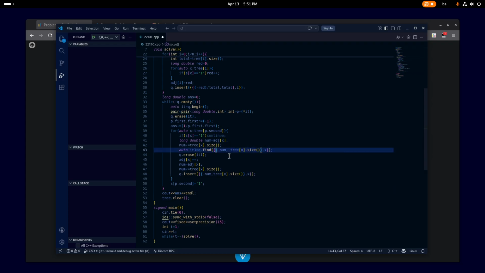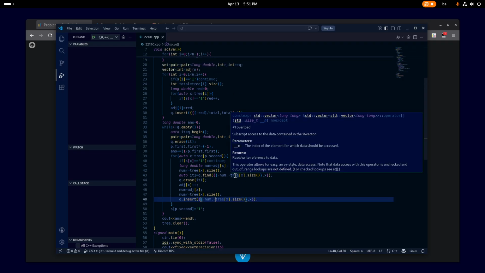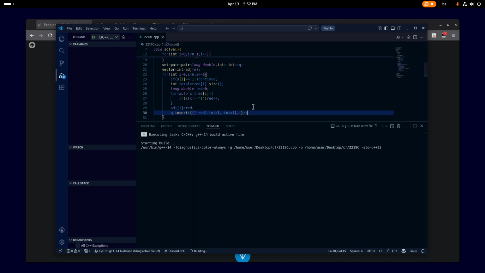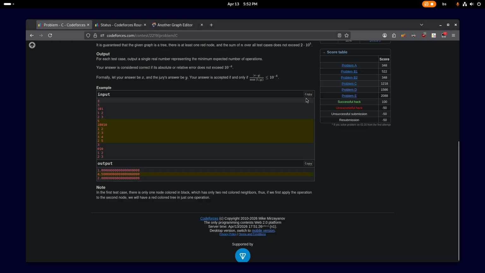And I would assume, with no proof, that you prioritize more neighbors. I think this might work.